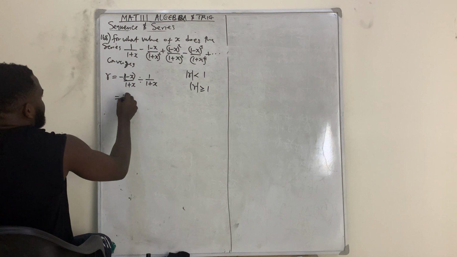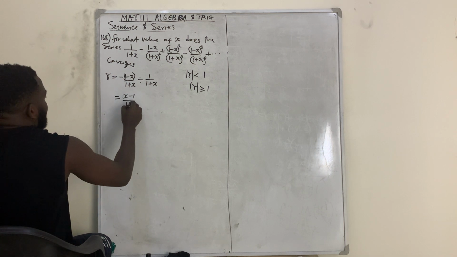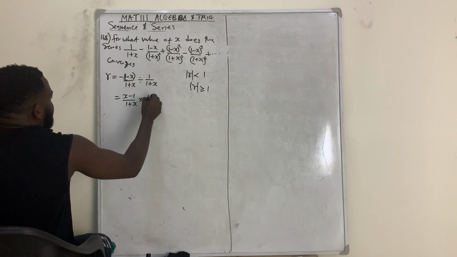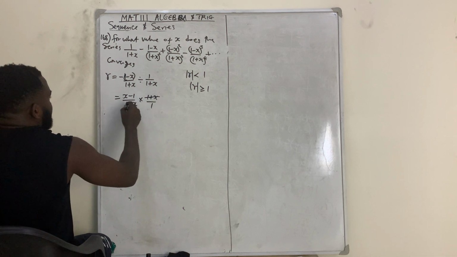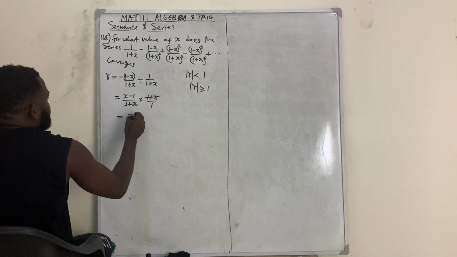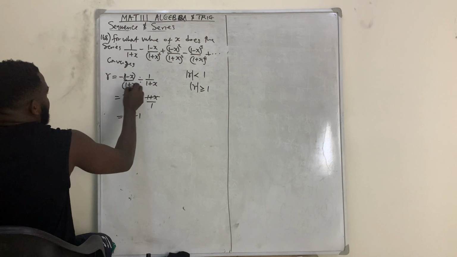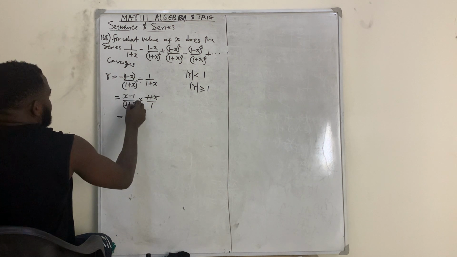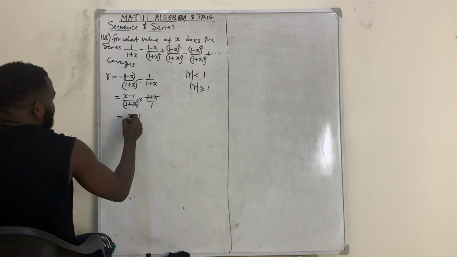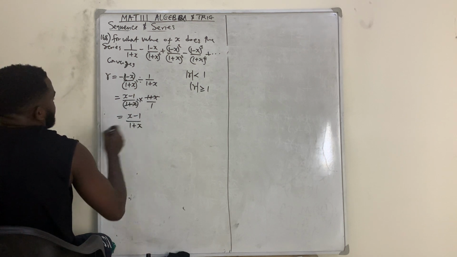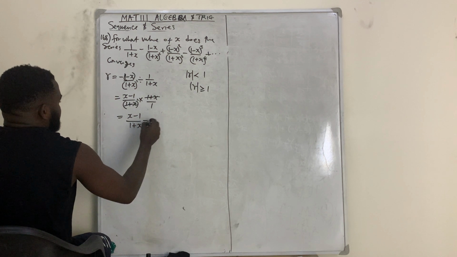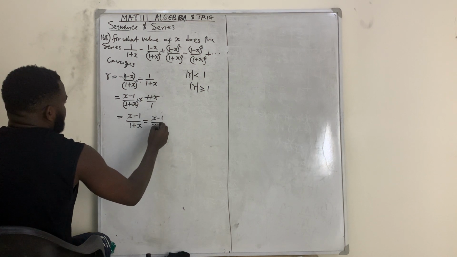Minus times this is going to be (x minus 1) over (1 plus x), then times (1 plus x) over 1. So this cancels this, and I'm left with x minus 1. This one has a square here, so cancel one of these, and I'm left with x plus 1. So this is the same thing as (x minus 1) over (x plus 1).